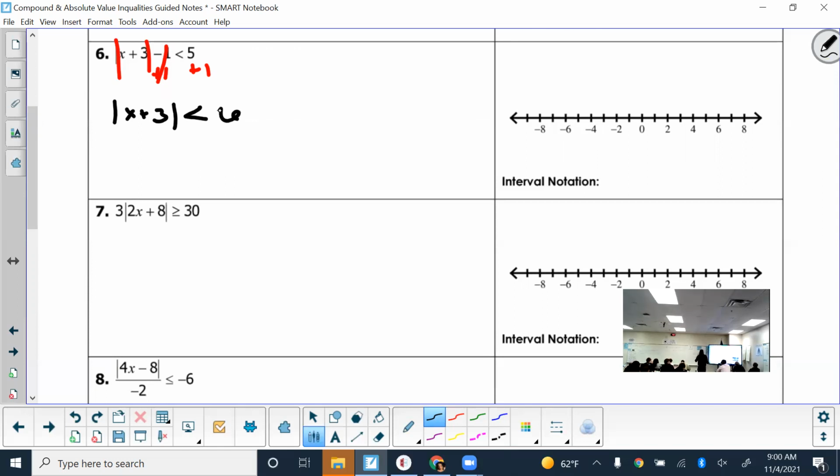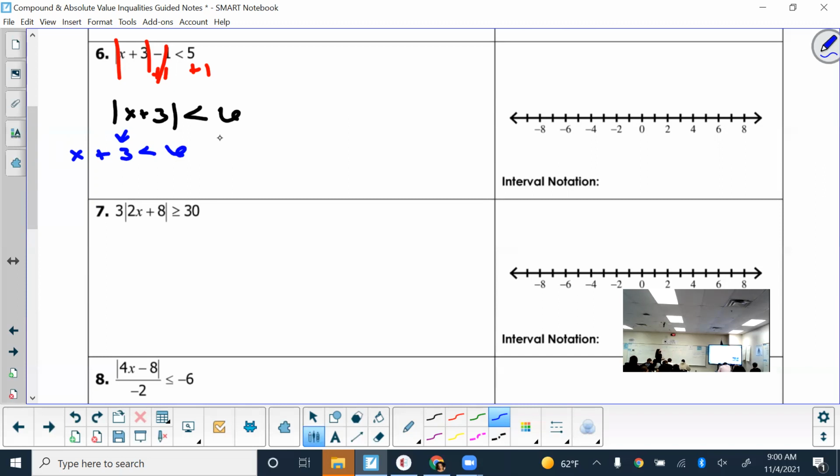So then do step 2, which is, good, the KISS method, right? So you have to break it into 2 separate problems. What's the first one going to be? Good, you keep it the same. All you're doing is removing the bars.